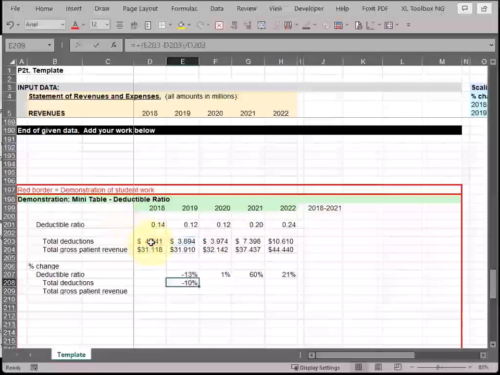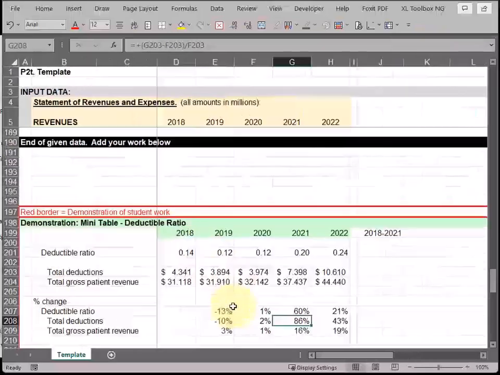And it's a 10% drop, and we'll copy that across, and then we'll copy that down. So in that year where the big change happened, what happened to the deductions, the numerator, and the denominator? If you're going across, there's your answer right there. I'm zooming in a little bit to help.